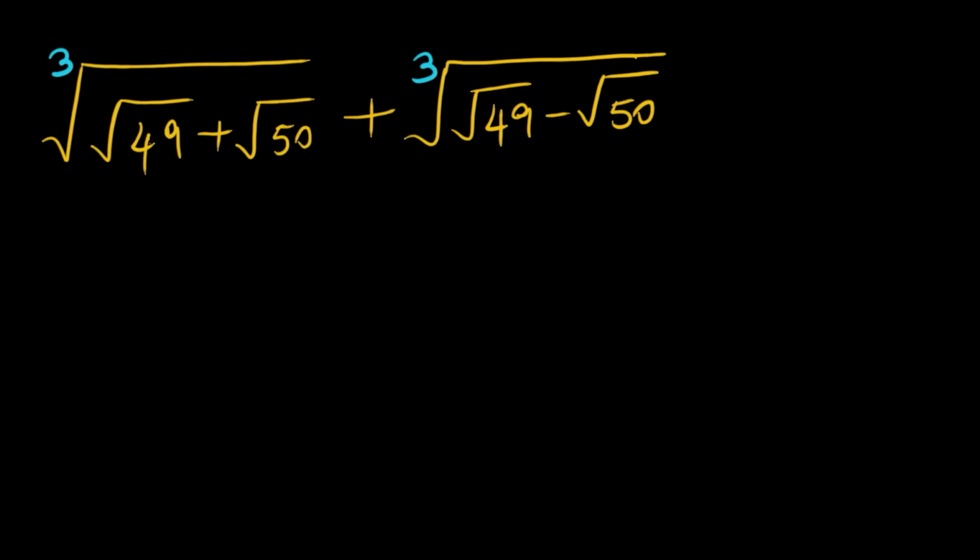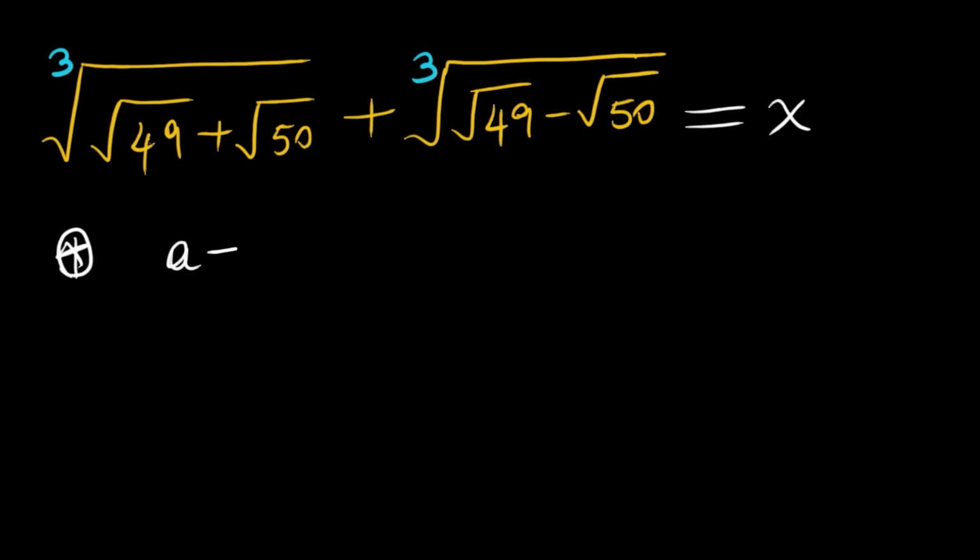Let's call this expression equals x, and we will try to cube both sides. Before doing that, let me remind you the formula. We have something plus some other thing.